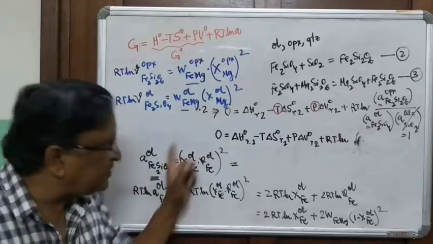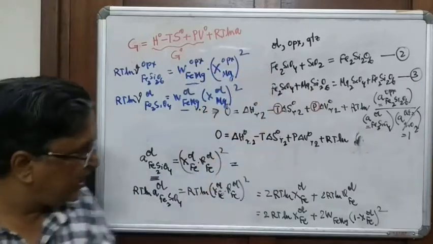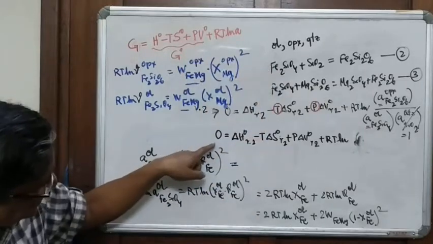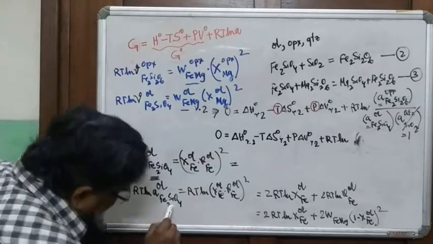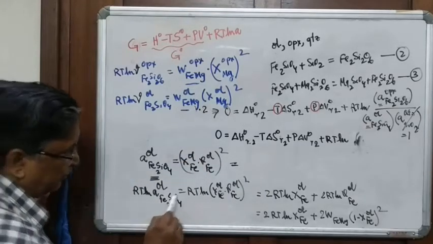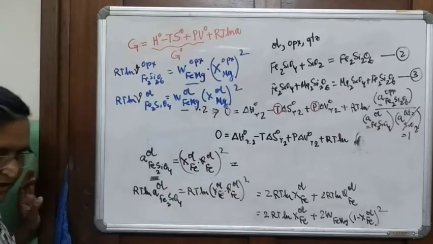The subscript is raised to the power. That's the cardinal rule. The subscript is raised to the power. Now if you do this, then RTLN of activity of Fe2SiO4 will be RTLN of X into this. Obviously, this is what it is.